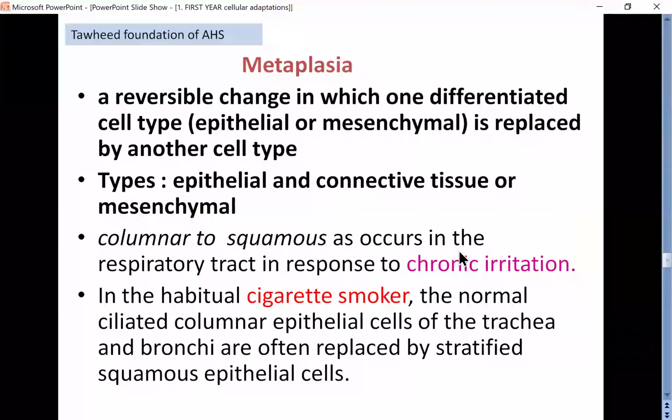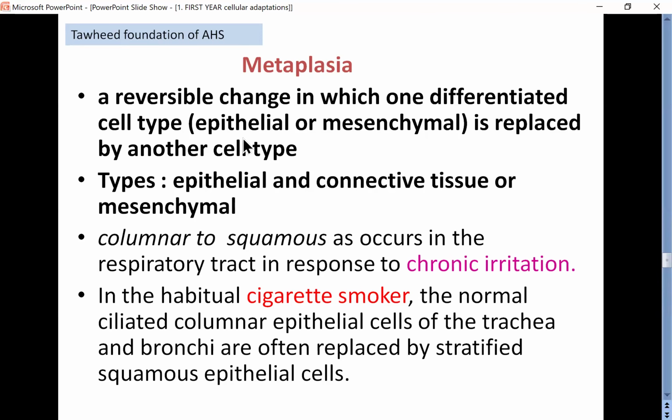The last portion is your metaplasia. Metaplasia is also a kind of cellular adaptation where you can see one cell type, either the epithelial cell type or the mesenchymal cell type, getting replaced by another cell type. So you have two types of metaplasia.